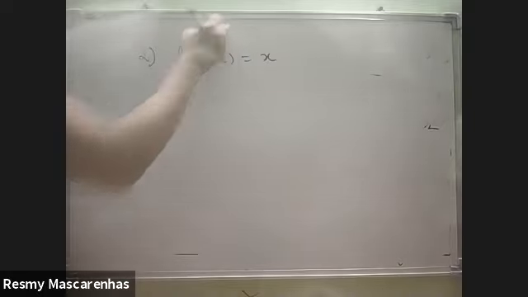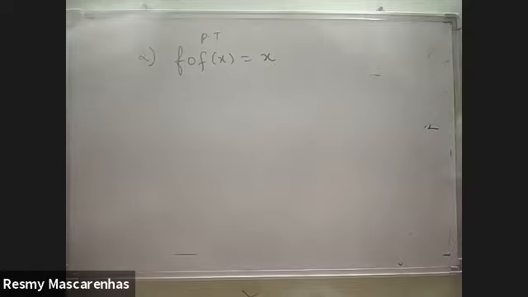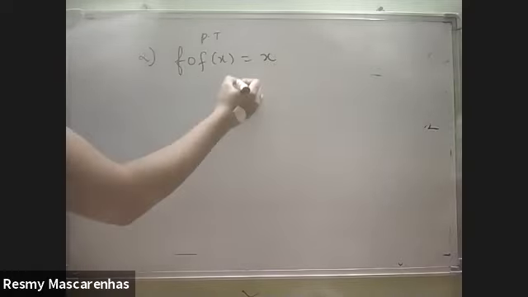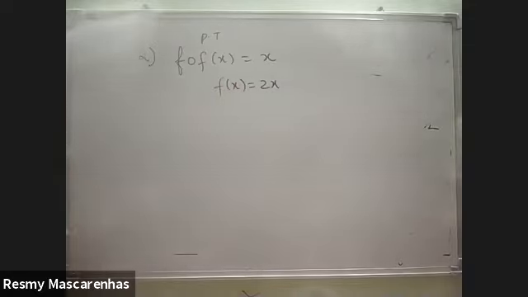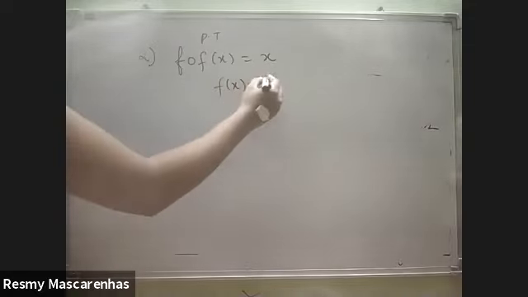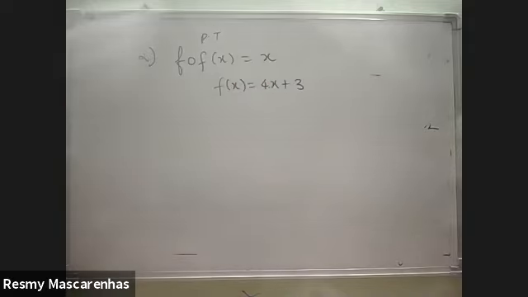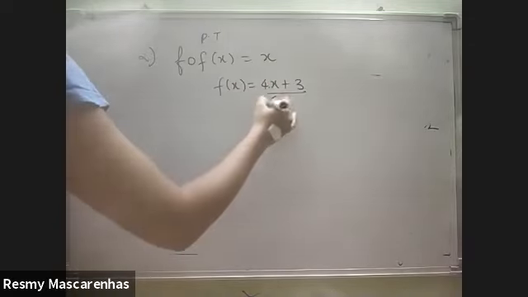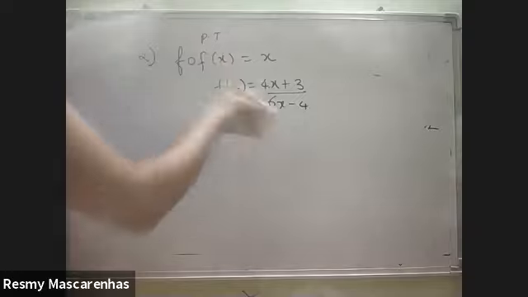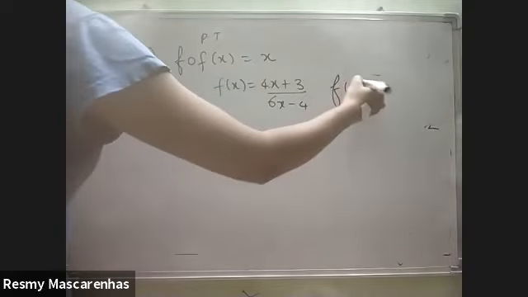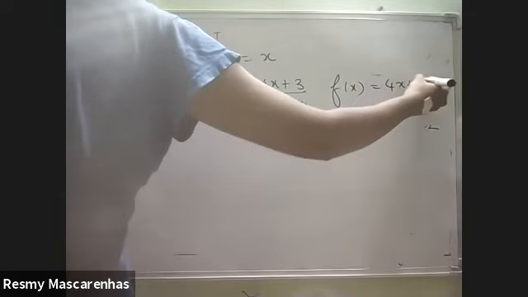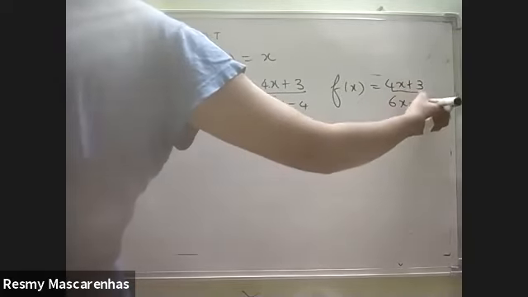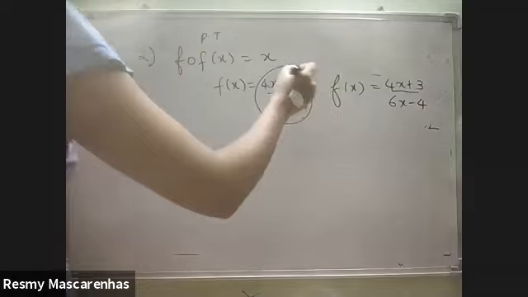You have to prove that f of f of x is equal to x. So f of x given to you is this. In f, you have to substitute f. So if you all get confused, you can always write it two times. So the whole f will go in two places.